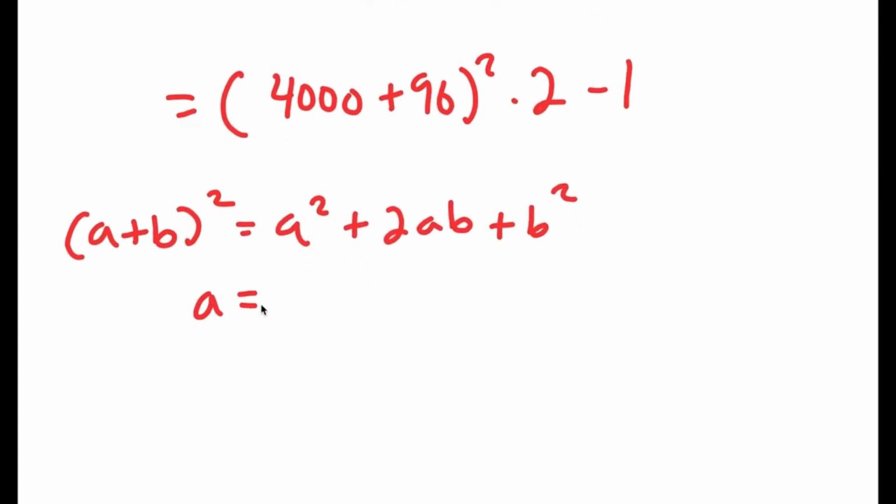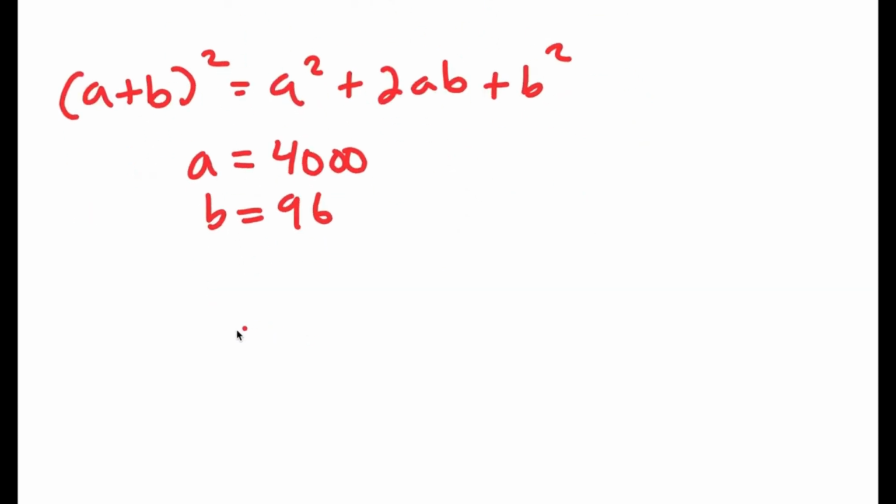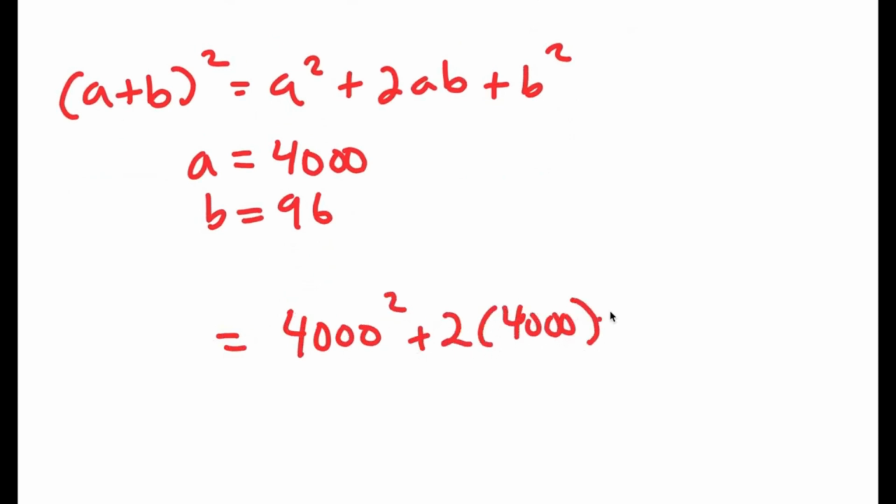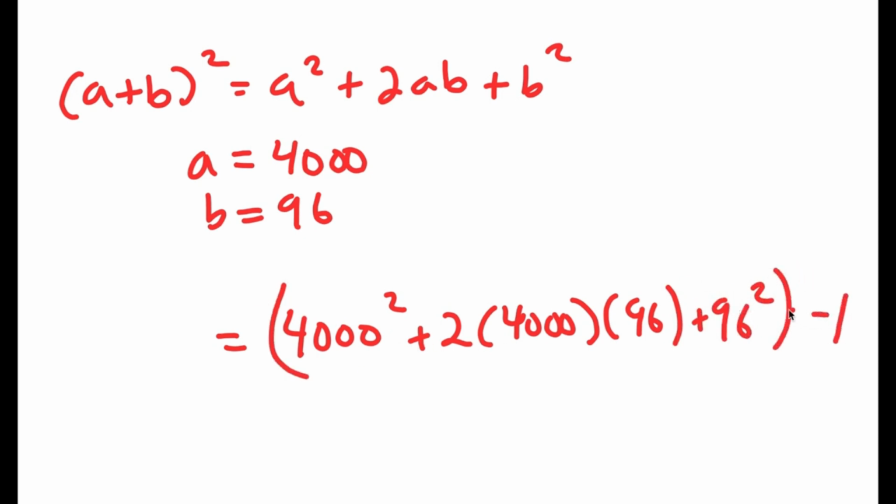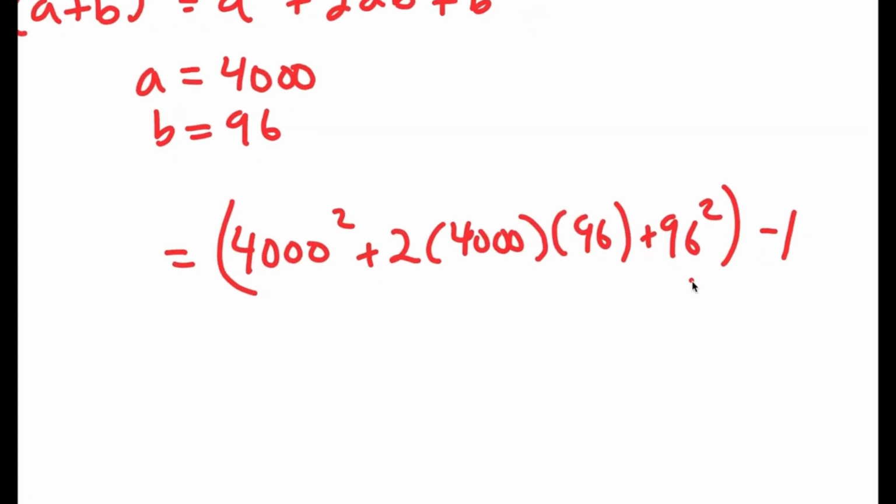So in this case, a is 4000 and b is 96. So this turns into 4000 squared plus 2 times 4000 times 96 plus 96 squared, and all of this times 2 minus 1.